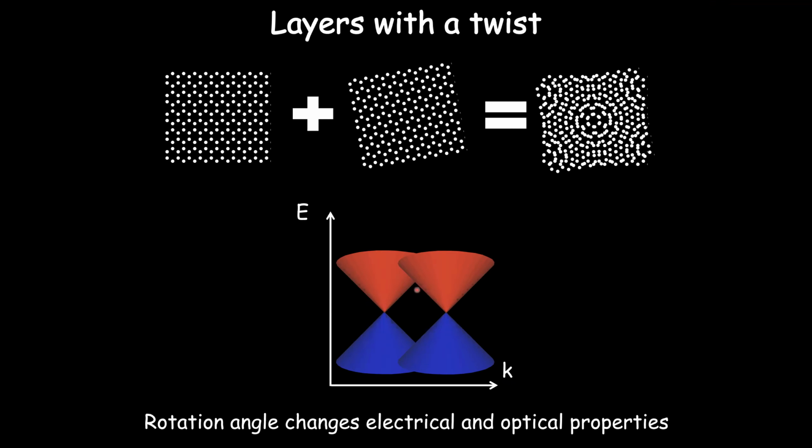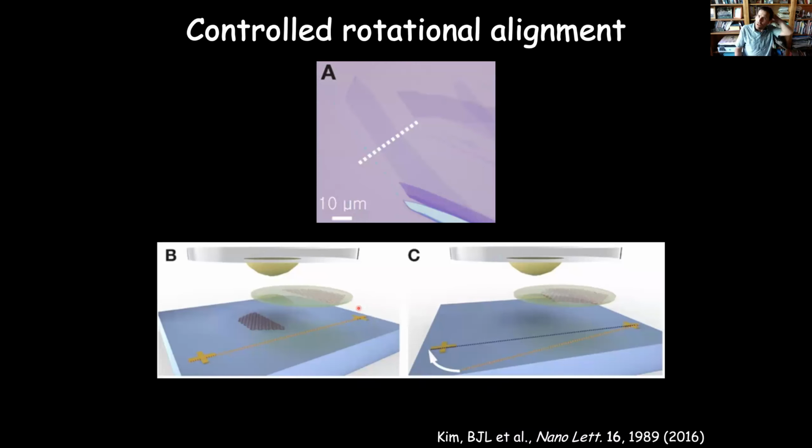To do this, though, you need a very good way of controlling the twist angle, because in this case it's extremely sensitive to the twist angle between the layers. To be able to do this, we developed a technique to make very high precision, rotationally controlled heterostructures.